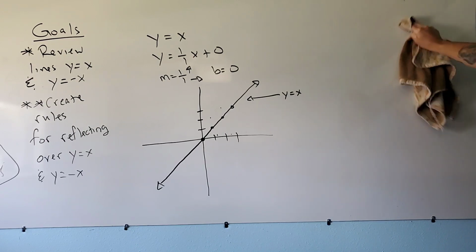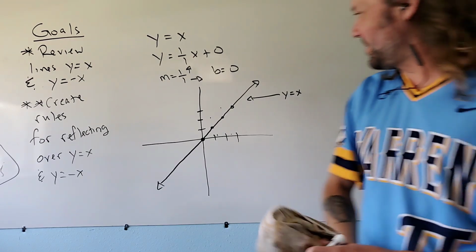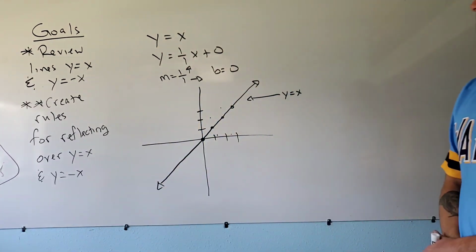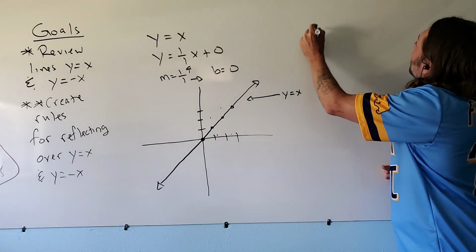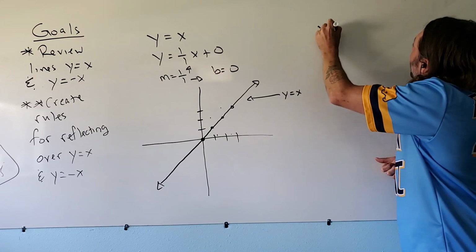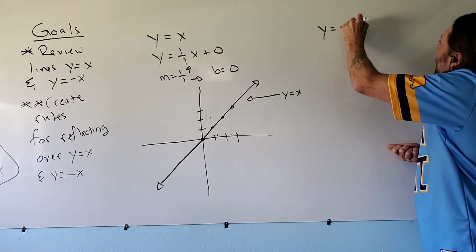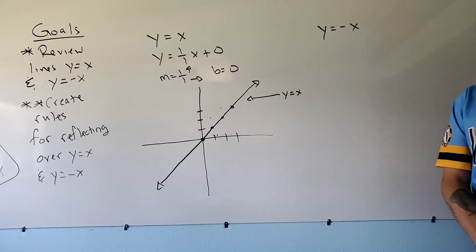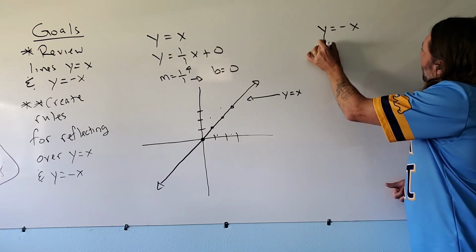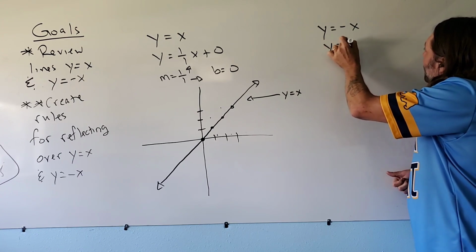Let me graph the second one, y equals negative x. Again, with this problem, there's actually hidden numbers. And we can very quickly rewrite our equation like this.